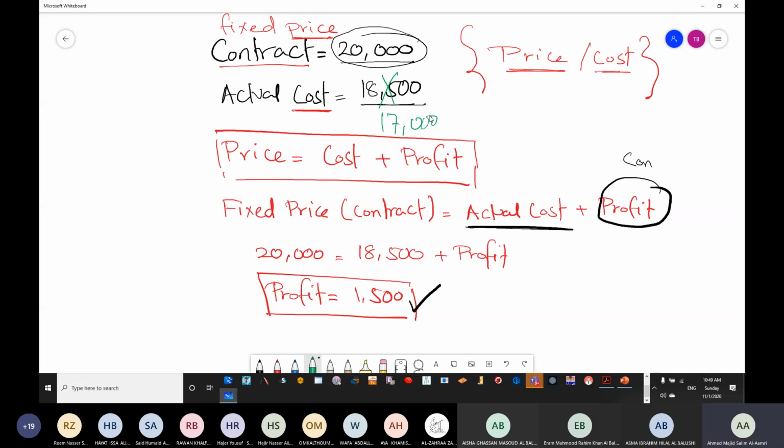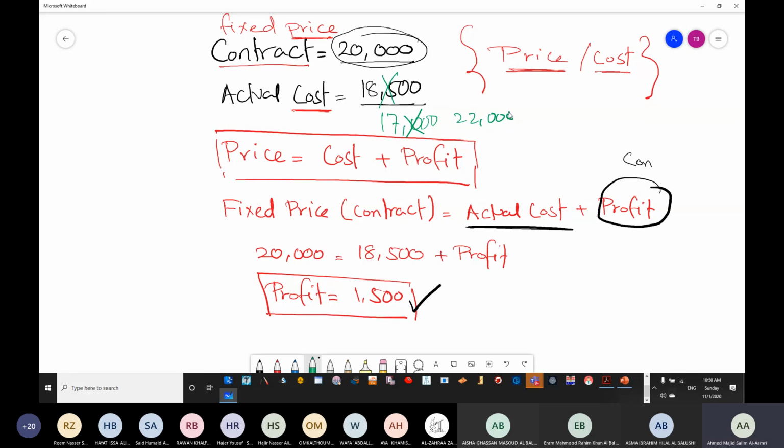Do I need to pay anything extra than the contract? If the cost goes to 22,000, how much do I need to pay?